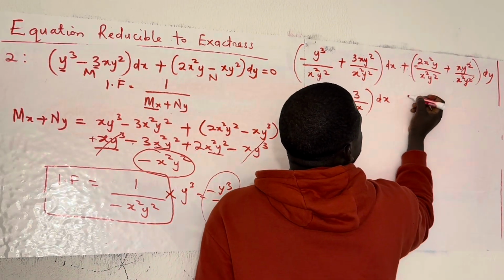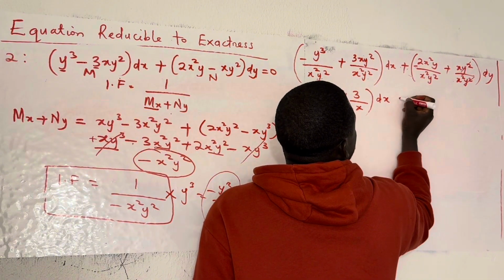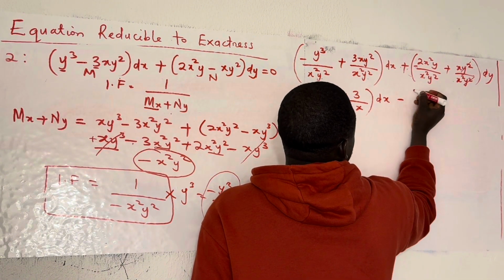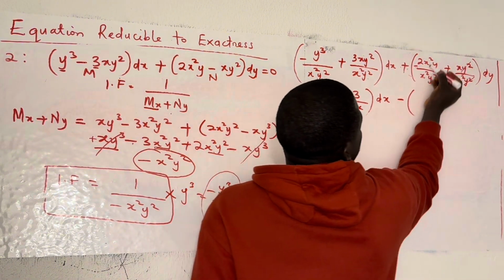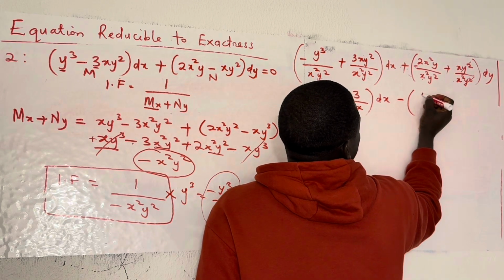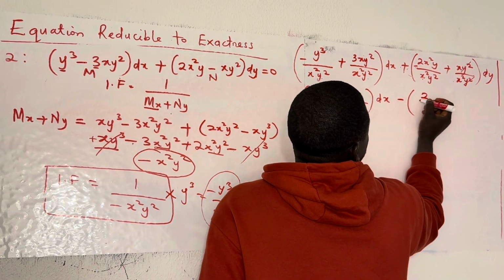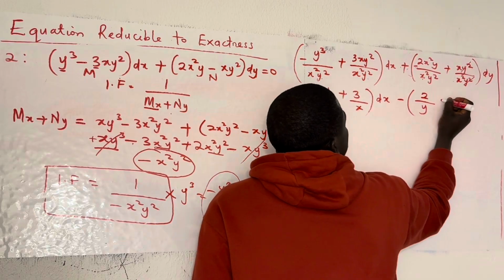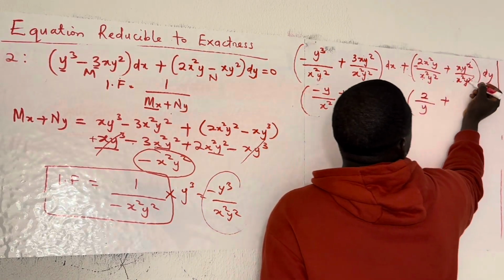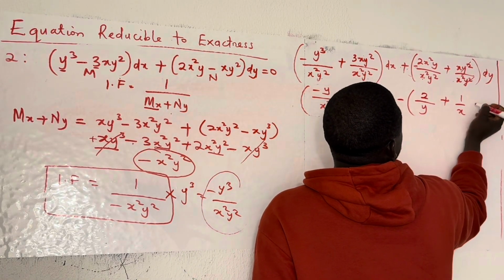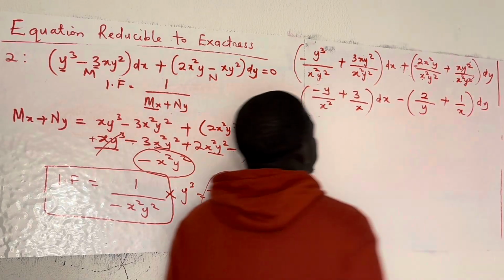And for this, this will be minus at the end of the day because of this negative sign. x squared will cancel x squared. We are left with 2 divided by y. Plus, this will cancel out this. We are left with 1 all over x, all the dy.